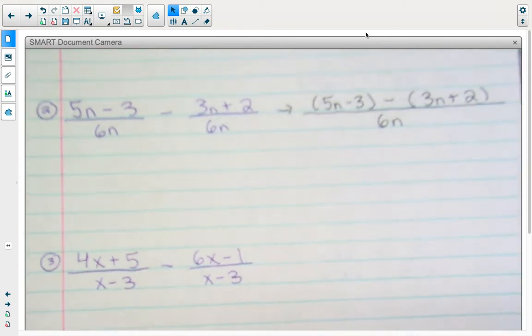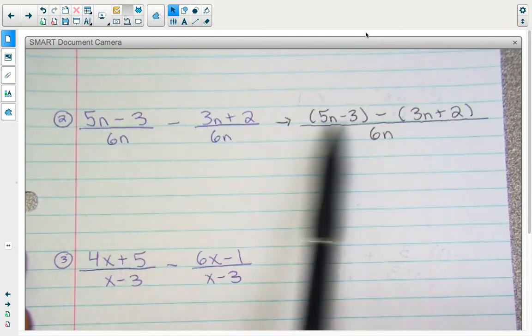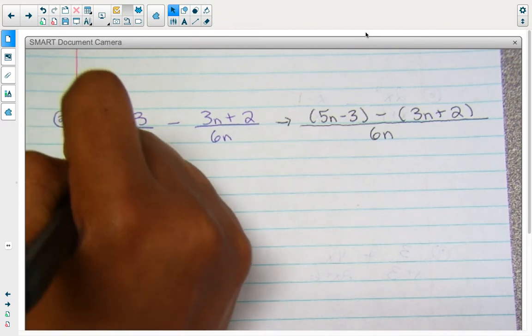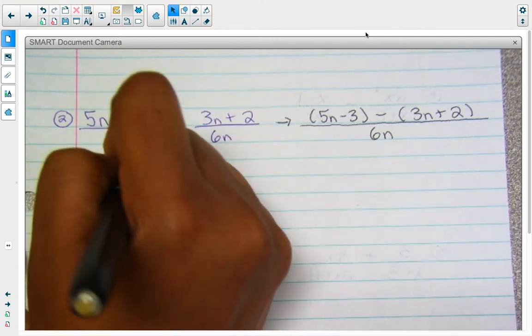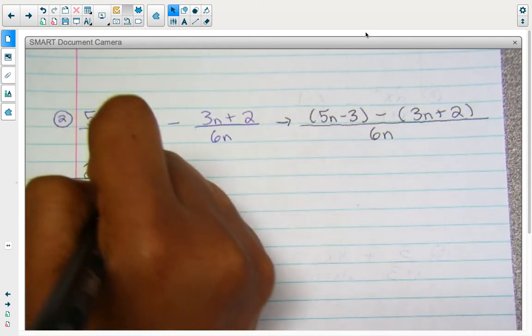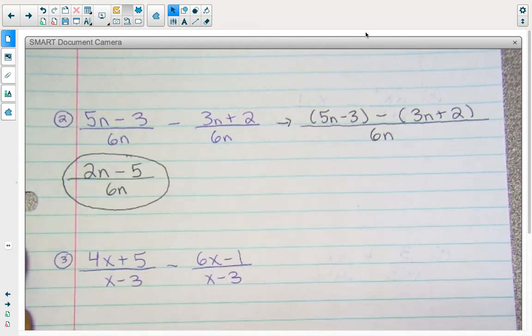We're going to do like terms. 5n minus 3n is 2n. Negative 3 minus 2 is negative 5. And the denominator stays the same, 6n. And this is our final answer.